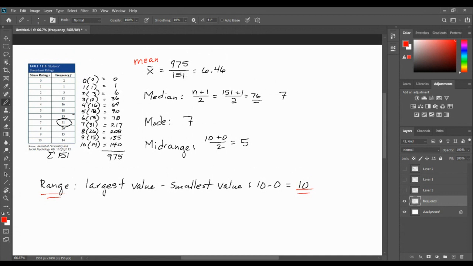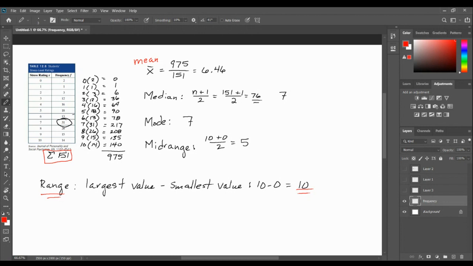Now, we had 151 data items, but remember, this is a grouped frequency curve like we talked about on Monday. So what this means is we had 2 zeros, we had 1 one, we had 3 twos, we had 12 threes, we had 16 fours, and so on. And so we added up the frequency numbers to get the total number of numbers.